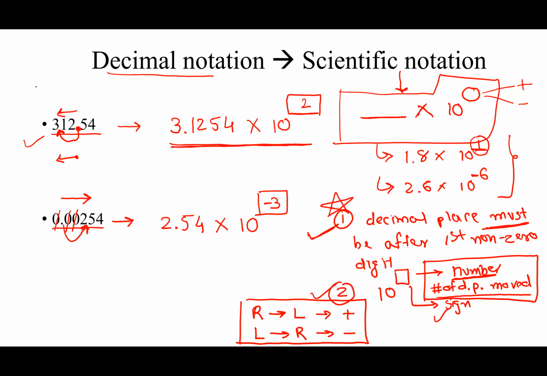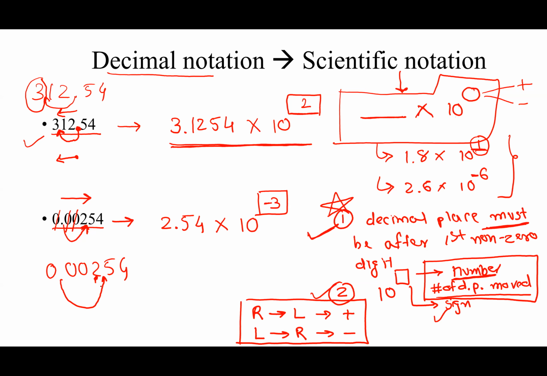Here, 3, 1, 2, 5, 4, this is your first non-zero digit, so you have to move your decimal place after this. In the second example, the number 2 is your first non-zero digit, so you have to move your decimal place after it. Okay, I got it. Thank you.